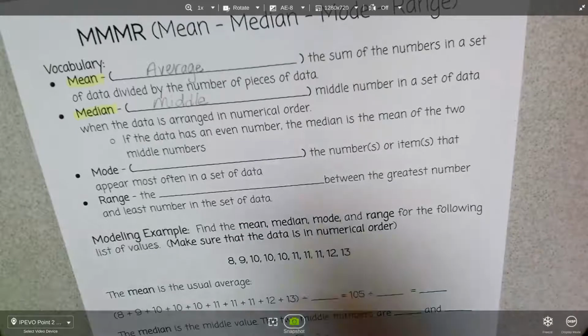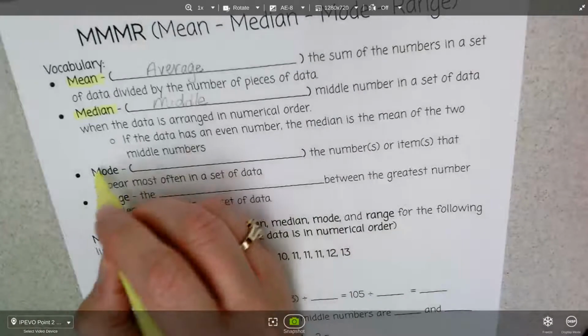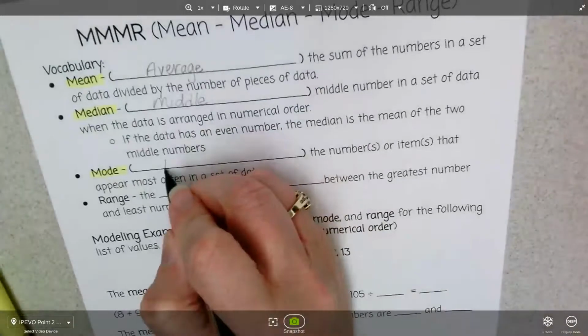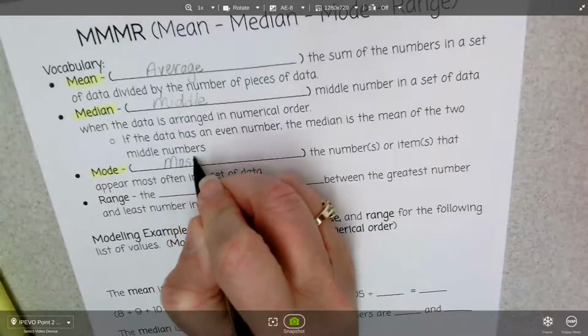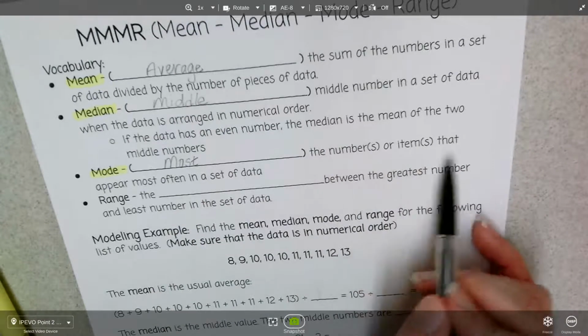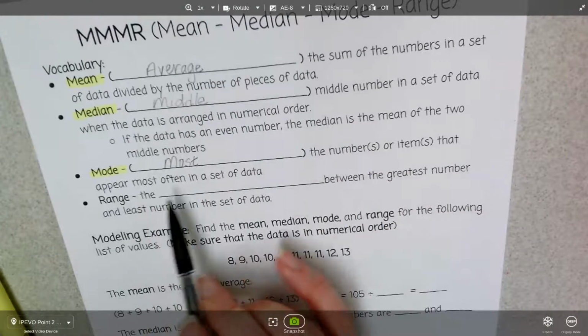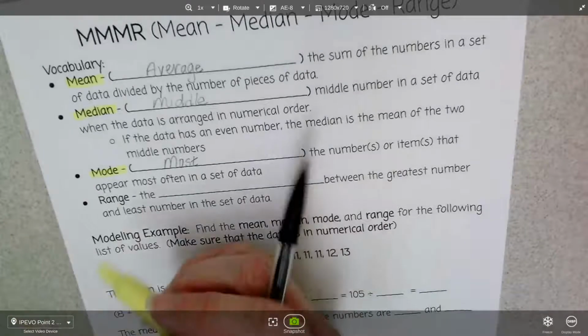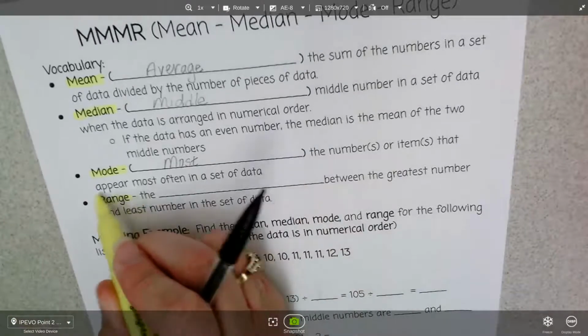The mode is the next one we're going to talk about. When we talk about mode, we usually think most. It is the number or numbers or items that appear most often in a set of data. And then last, we're going to look at range.